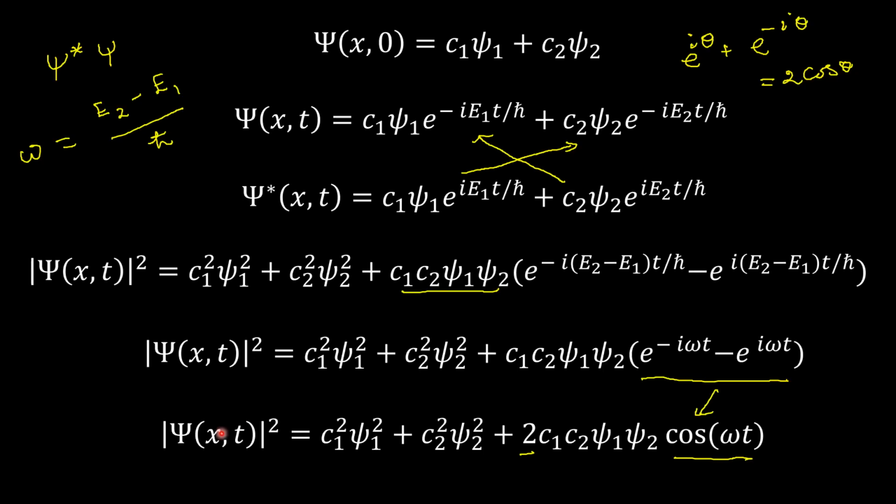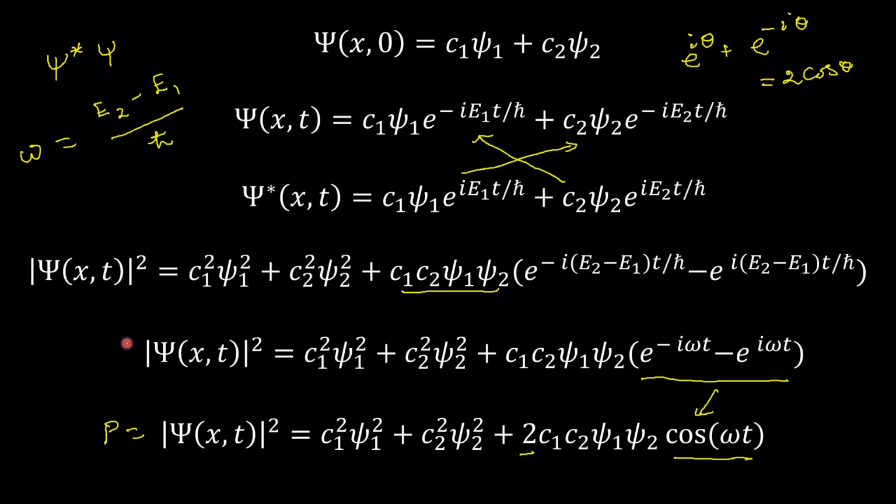Now, what is the modulus psi squared? That is the probability density. It is not time independent. There is a time dependent factor, so this probability will oscillate sinusoidally with respect to time.